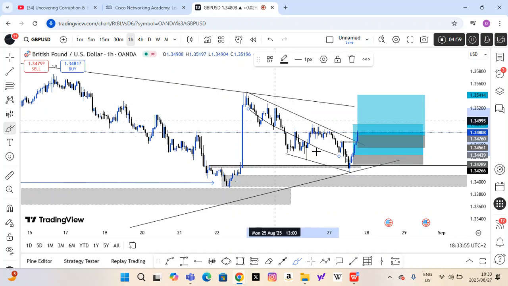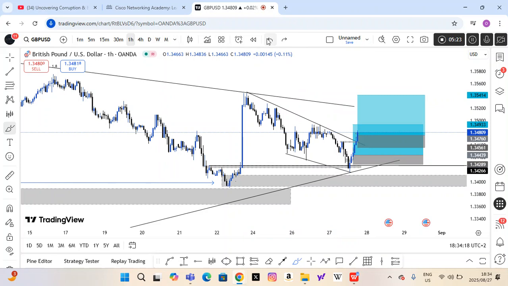And even within this correction, there is a series of impulse and corrections, meaning that whatever I'm seeing within this pattern over here is actually a series of impulse and corrections followed by continuation patterns. That's the only language that the market is speaking, impulse and correction. You understand? So going forward, I can see that price moved up and now we are correcting.